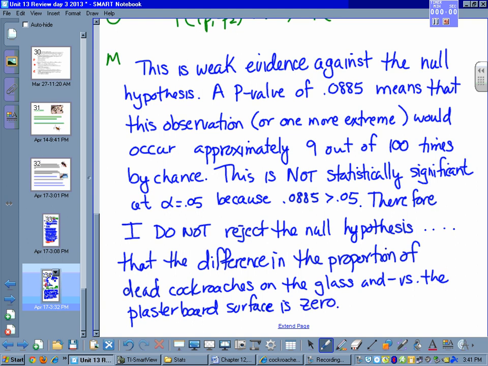So what this means is the company thought they had a better spray for the plasterboard surface.